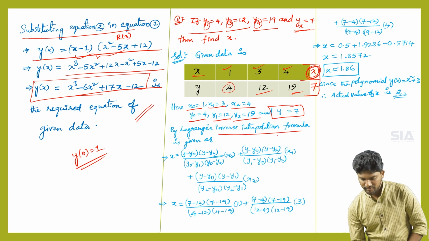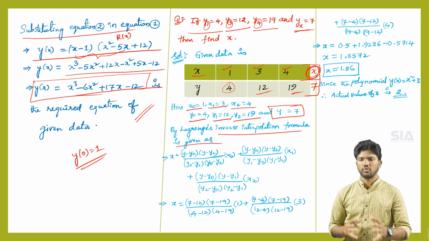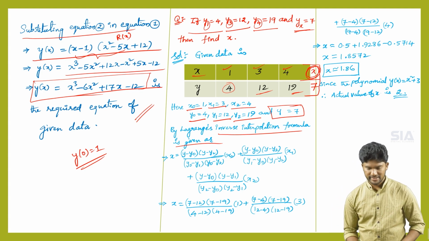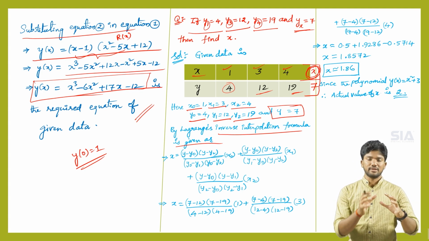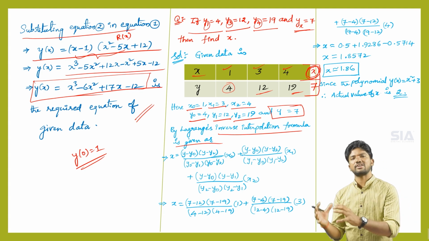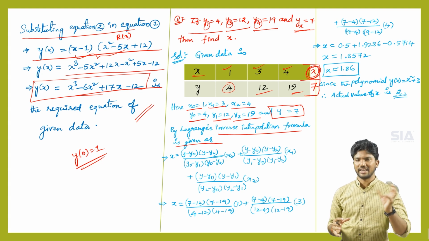By Lagrange's inverse interpolation formula, now to solve this type of problems, we are going to use Lagrange's inverse interpolation formula. What is that equation? In the general proof, we discussed that by interchanging x and y in equation 11, we get equation number 12. That equation number 12 is called the inverse interpolation formula for the Lagrange's.